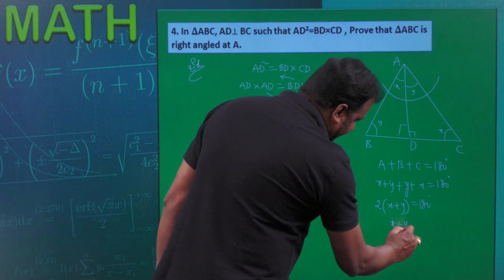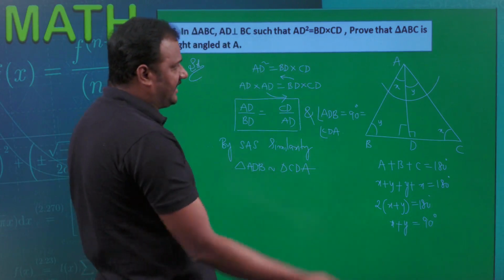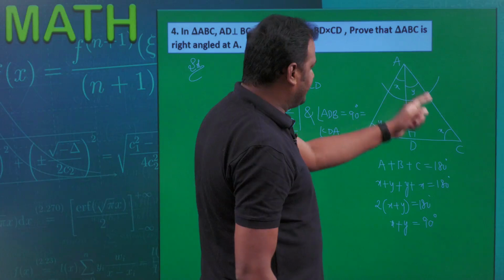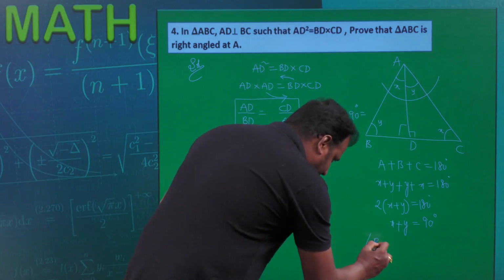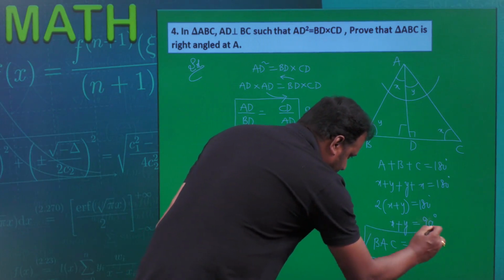Therefore, x plus y is equal to 180 by 2, which is 90 degrees. But what is x plus y? x plus y together is BAC. Therefore, angle BAC is equal to 90 degrees. That is what you need to prove.